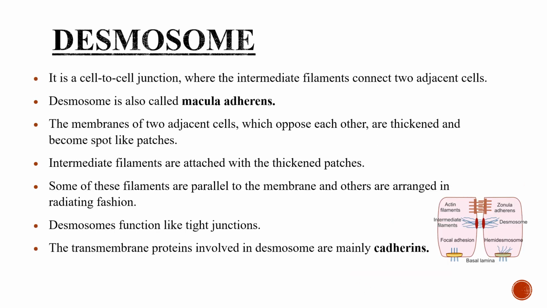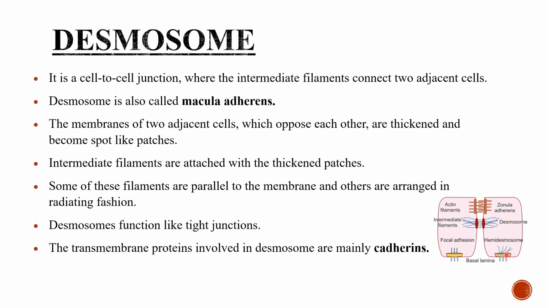And the next type is desmosome. I told you these two, desmosome and hemidesmosome, they both are intermediate filament type attachment junctions, and desmosome is present in between two cells. Here you can see the cell membrane of the neighboring cells at this junction are thickened and form patch like spots, and you can see the patches are present on both sides of the cell membrane. That is why it is called desmosome.